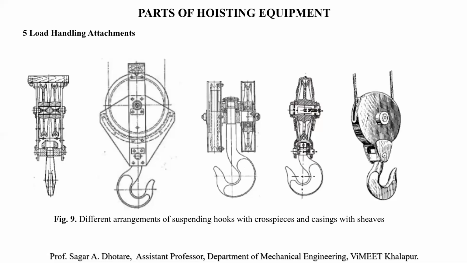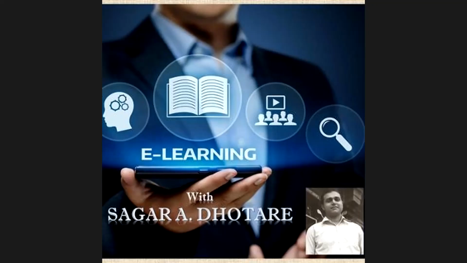So this is the basic theory related to material handling equipment. From the next lecture onwards, we will start designing the EOT crane: how we can design it, and which material we can use for which part.